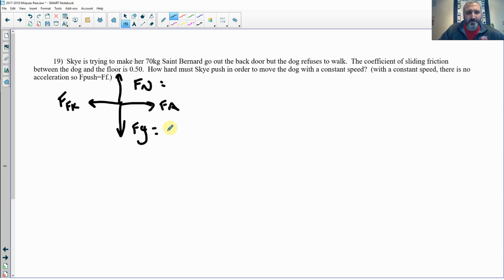So the gravitational force is 70 times 9.8, 686. That means normal force is 686. And she has to push just as hard as kinetic friction. So FFK equals mu Fn. Good thing I made this free body diagram so I know how big the normal force is.